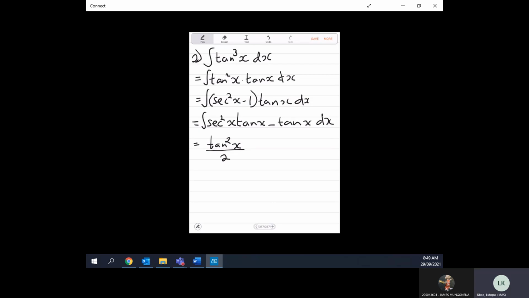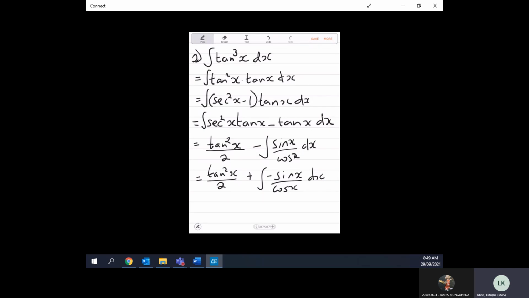Let me just write that for the first one. So this is minus the integral of sine x over cos x dx. This is tan squared x over 2. And then here I can make this plus so that in the numerator I have minus sine x, which is the derivative of the denominator.